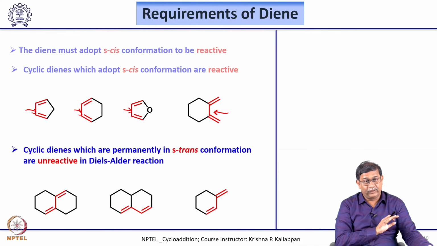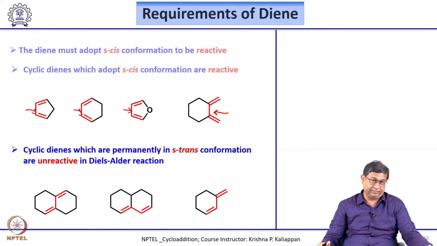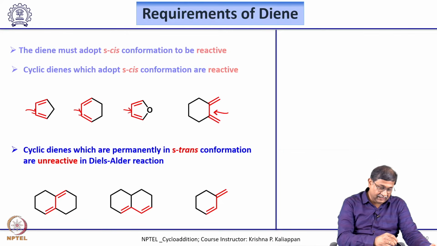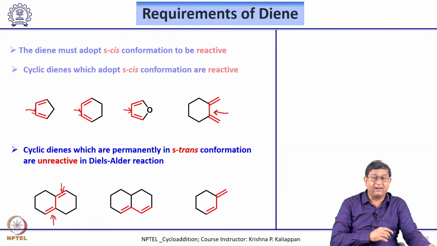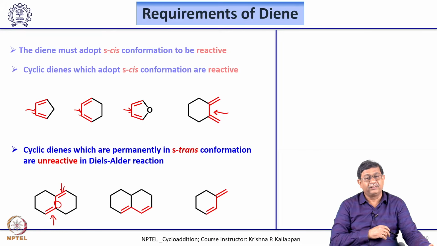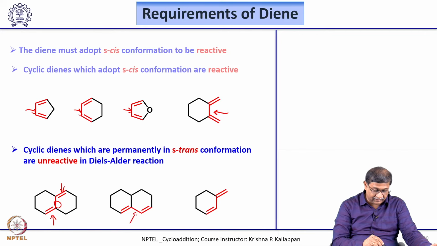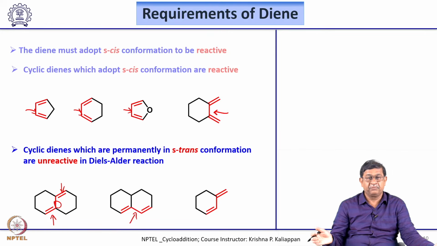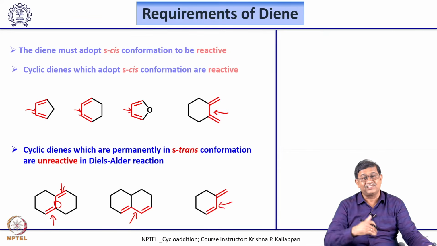Whereas if you look at these 3 dienes, you can clearly see these two double bonds are trans with respect to your single bond. This is s-trans. Same thing, you see this is a single bond, but both double bonds are trans to each other. Likewise here.